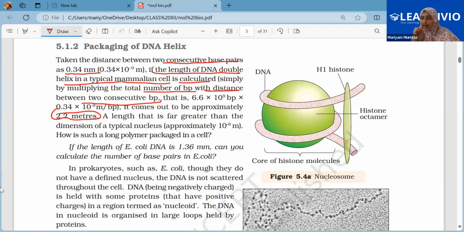So one DNA is 2.2 meters long, a length that is far greater than the dimension of a typical nucleus, and the nucleus is in the size of 10 to the power minus 6 meter. Imagine how tiny a nucleus is and how long a DNA is.